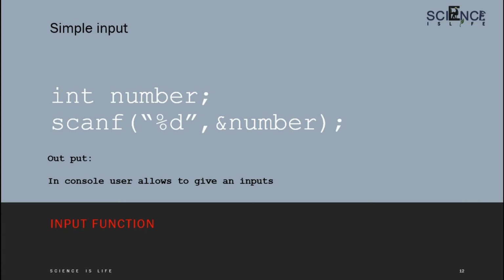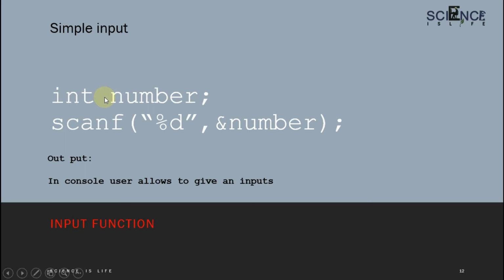When we input something in the console screen, we need to have a variable before we run the program, right? We need a separate variable to catch the value which the user inputs. So if we need to catch an integer value when the user inputs, then we need to create an integer variable.